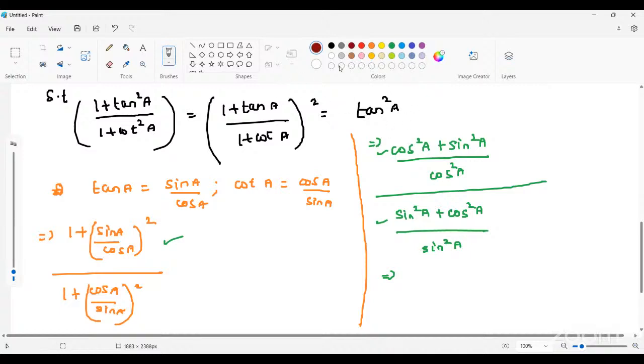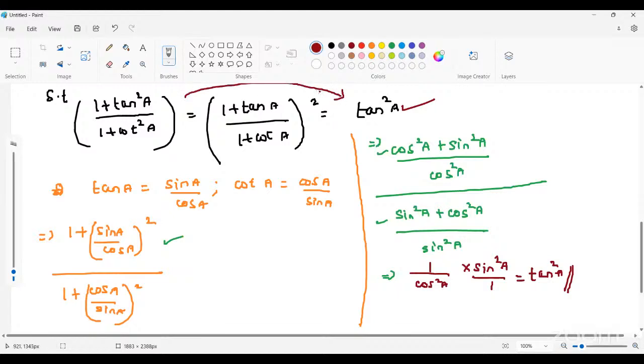So it becomes 1 by cos square A into sin square A by 1. So what is sin square A by cos square A? It is nothing but tan square A. So we have proved this is equal to this. Is it clear?